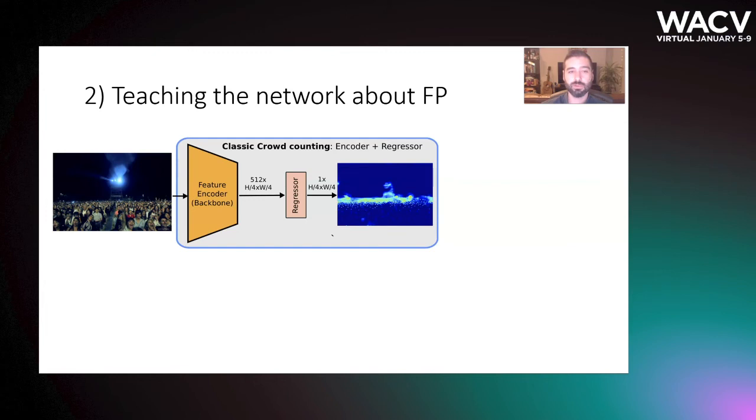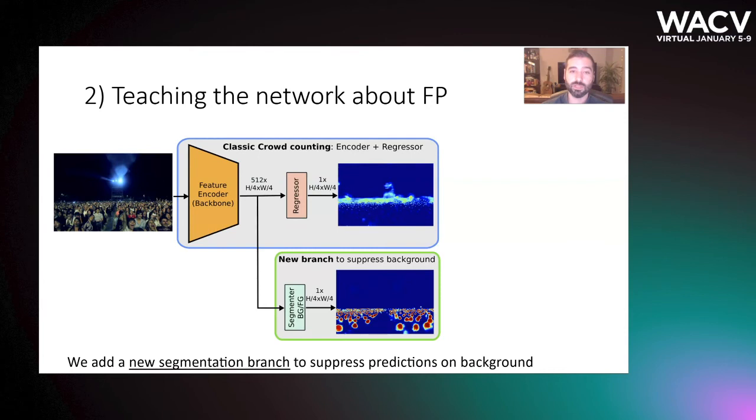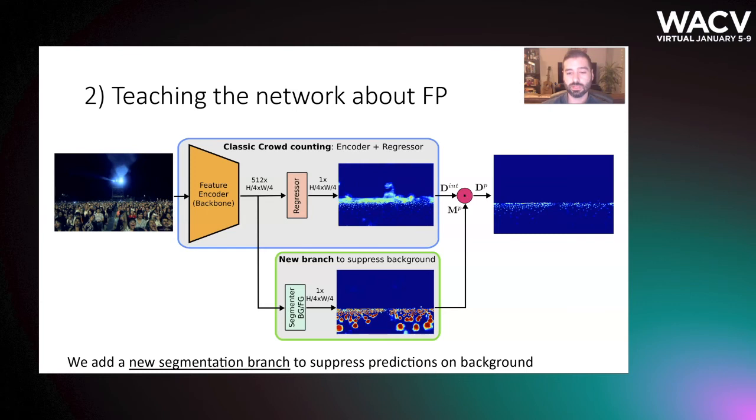Here we took a simple classical crowd counting approach, which consists of a feature backbone and a regressor that outputs the density map, and then we equipped it with a segmentation head, which is trained to separate the foreground from the background. This is literally a segmentation branch. And then what we do is we use this outputted mask to modulate the original predicted density map and output a much finer, much cleaner output.